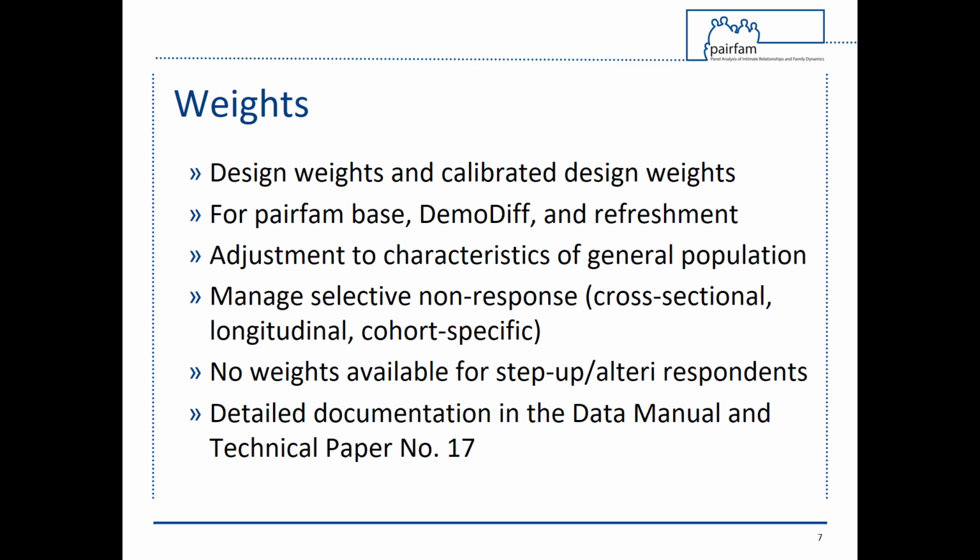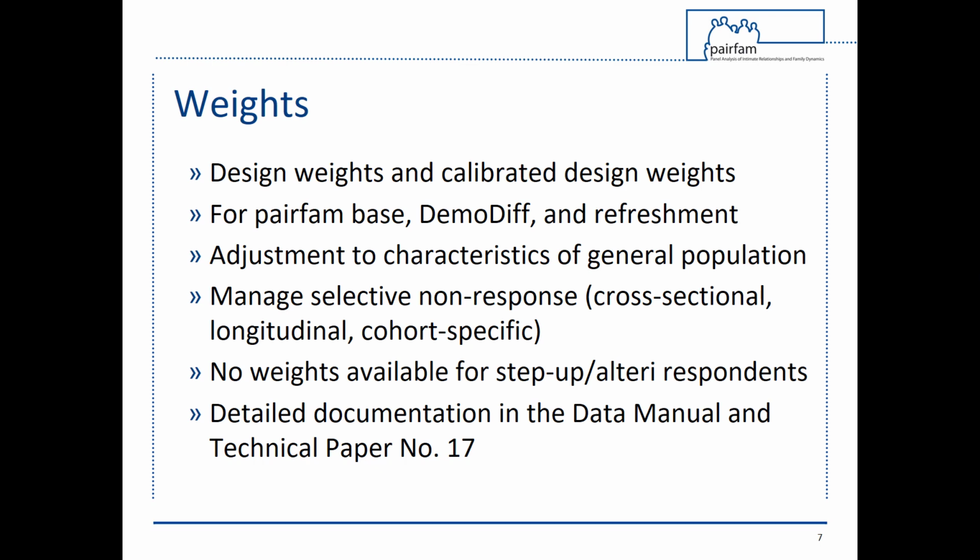Therefore, both cross-sectional survey participation bias and longitudinal panel attrition bias for the following waves can be tackled. Third, a correction of cohort-specific non-response aiming to represent actual cohort sizes in the population of interest can be integrated.